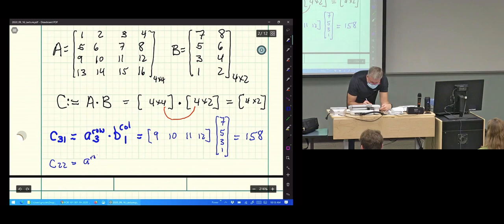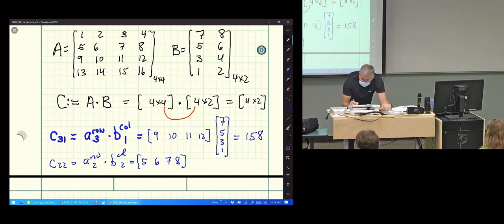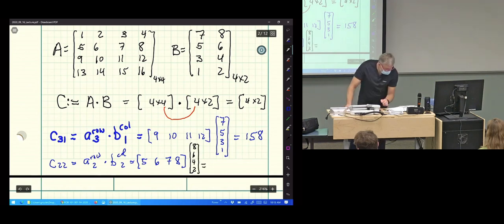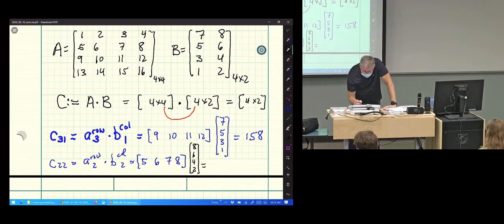That would be A row 2 times B column 2, 5, 6, 7, 8, and we want the second column, 8, 6, 4, 2, equals, so 5 times 8 is 40, and 6 times 6 is 36.